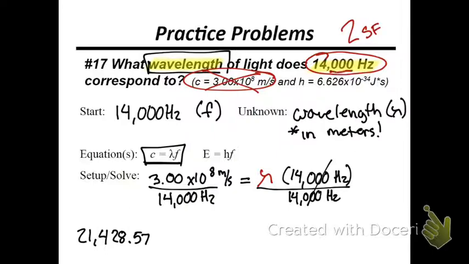These are placeholder zeros, and so they are not significant. So our final answer should also have 2 sig figs. Round your top 2 placeholders, or underline your top 2 placeholders and round. Your final answer should be 21,000. Take a look at what you need to measure in meters.